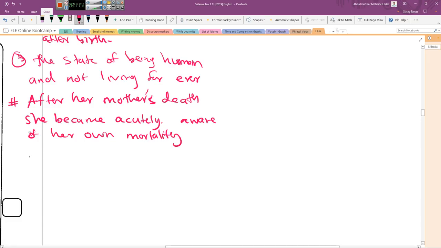Now we are all living, forgetting our death, but what happened is after her mother died, she realized that she also will die one day, right? So that is the meaning of this sentence.